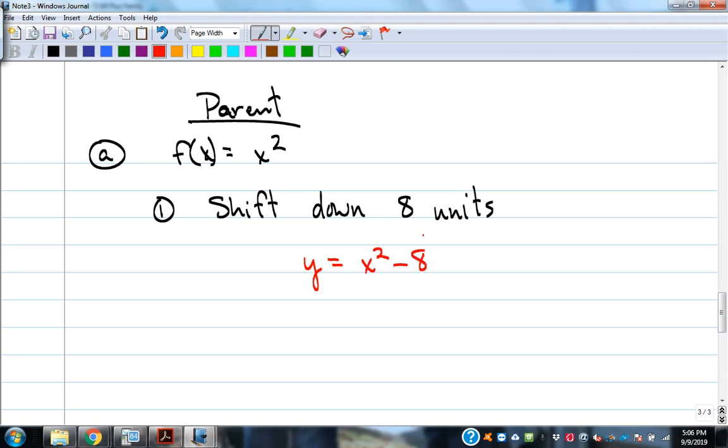And that would show us that x squared is moving down 8 units. Really easy thing there. All right, let's do shift left 7 and up 4. So do 2 at once.